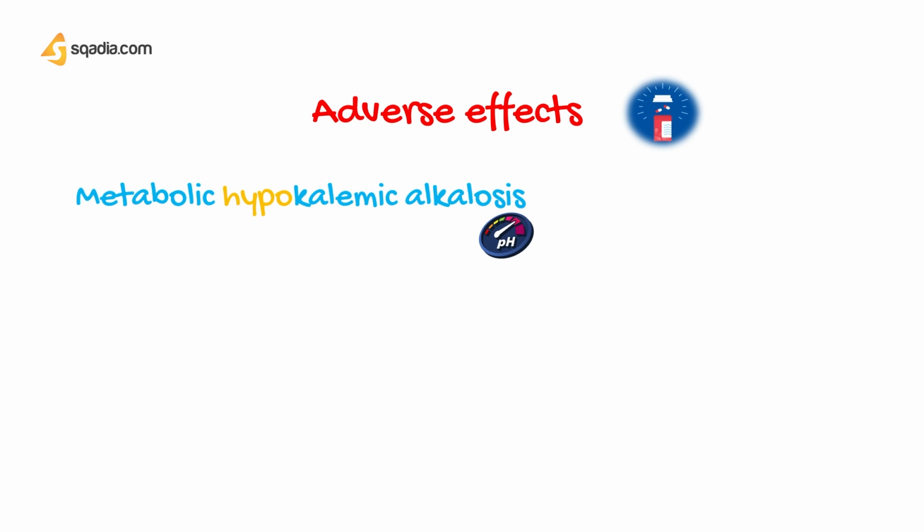Hypokalemic, because they are causing potassium wasting. So metabolic hypokalemic alkalosis is an important adverse effect. For this purpose, we have to monitor potassium levels and we can give potassium supplementation in diet, or we can switch to potassium sparing diuretics if the adverse effect is very severe.